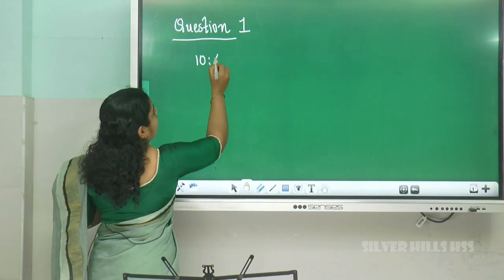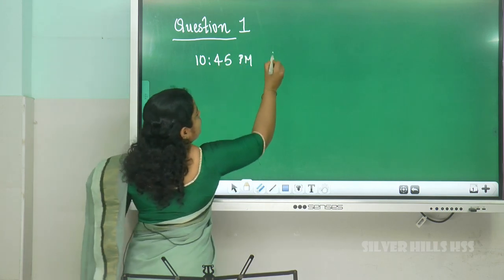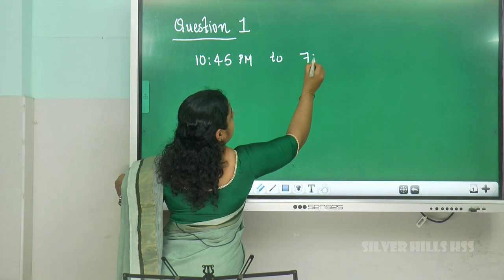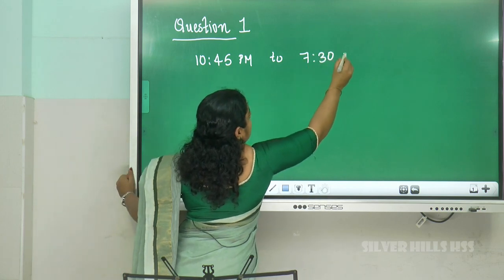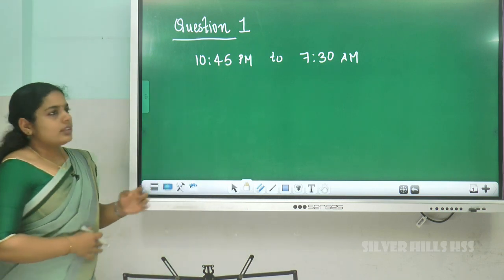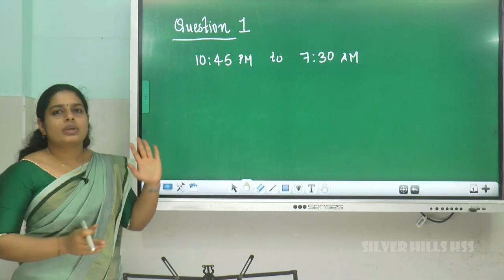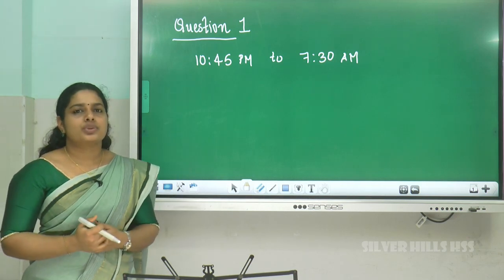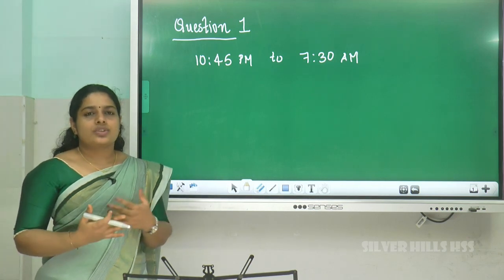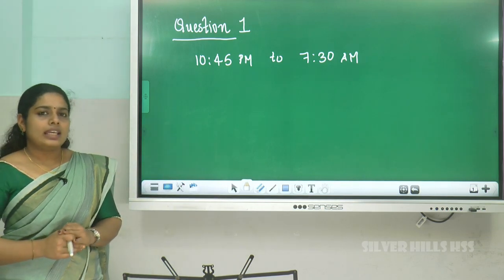10:45 p.m. to 7:30 a.m. the next day. So, there is a simple method to calculate this. With this method, we can calculate the time duration of any event, in any situation.